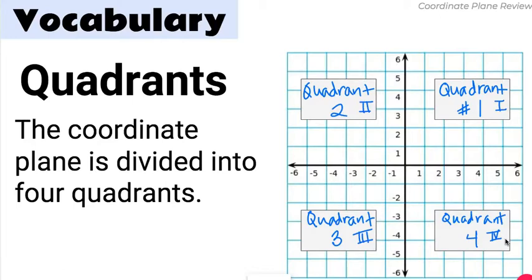So you definitely should know both. But the most important thing is knowing that the quadrants work in counterclockwise order. Because there will be times where you need to know what quadrant a point is in. And you can use the counterclockwise for your order.